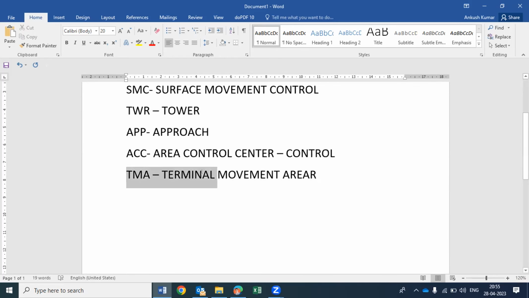You may see TMA sometimes in the control chart, E-chart or whatever the hypothetical charts given to you. You may see TMA, but this TMA is also called a control only in day-to-day usage of ATC.